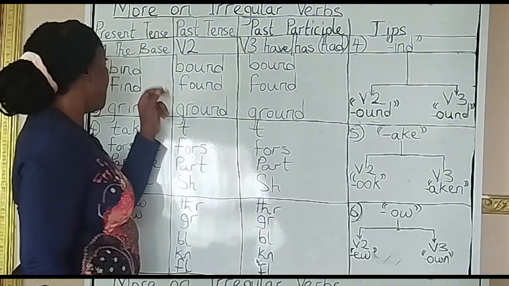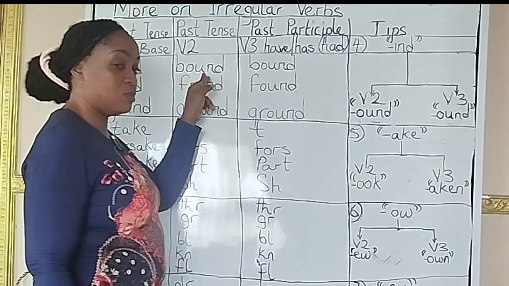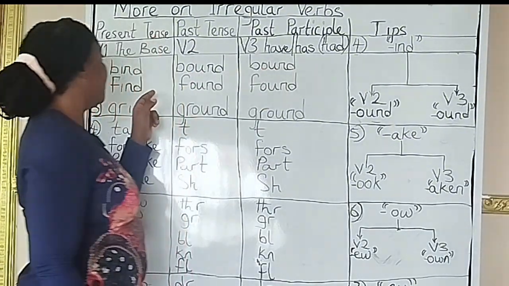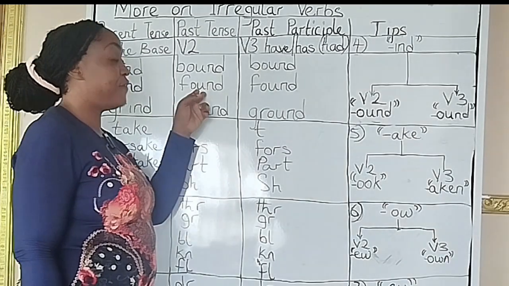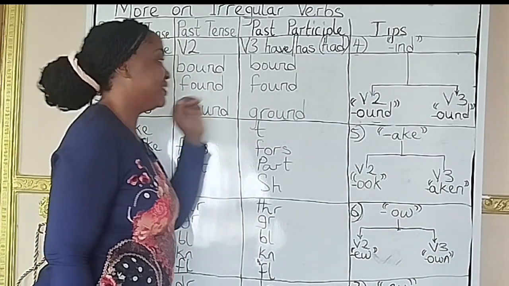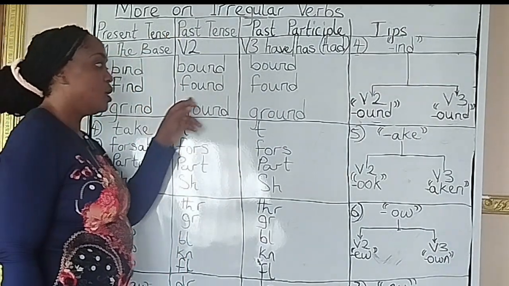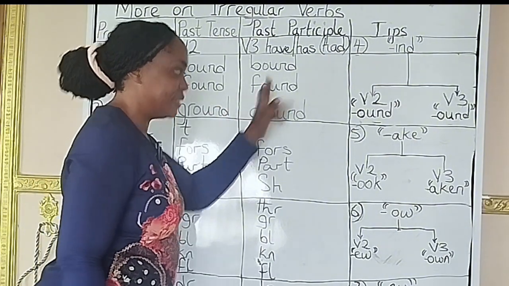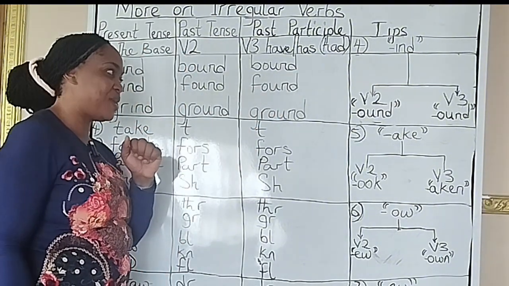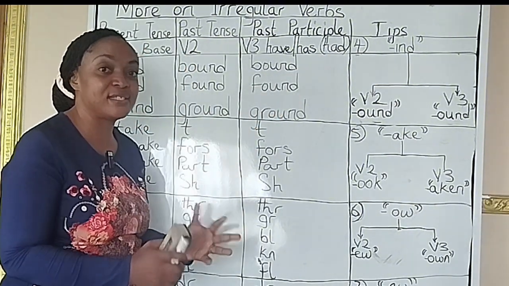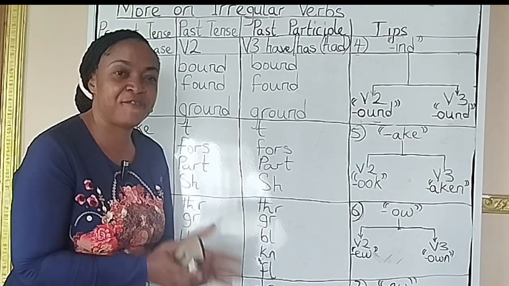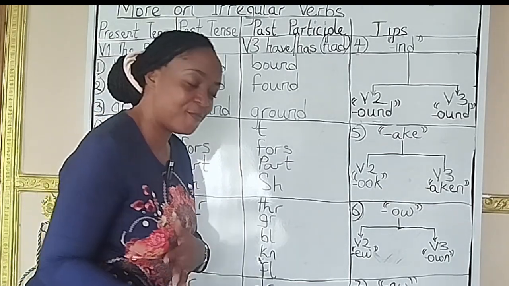Let's do this together. Bind, bound, bound. Find, found, found. Grind, ground, ground. This sounds simple, right? Okay, remember, we are doing this to help you while forming the irregular verbs.